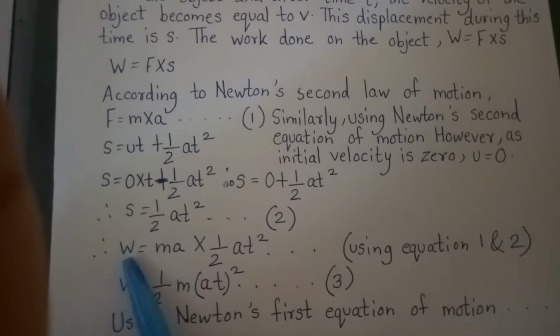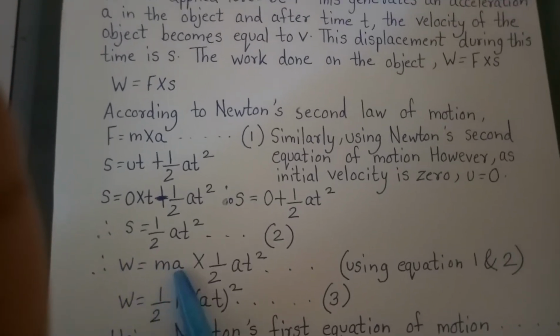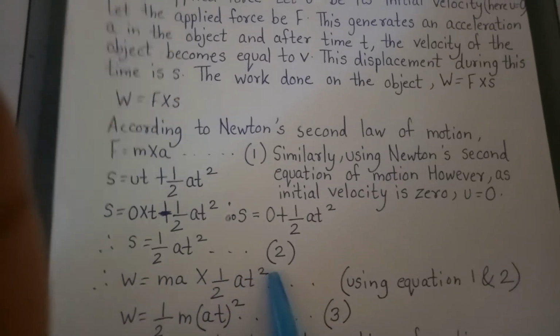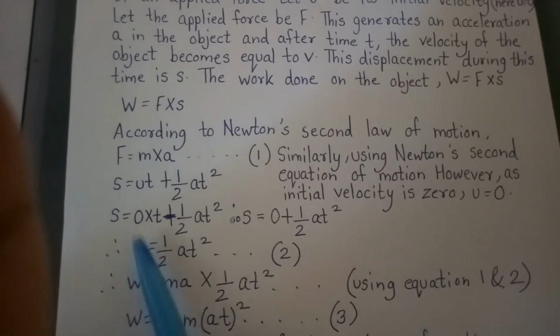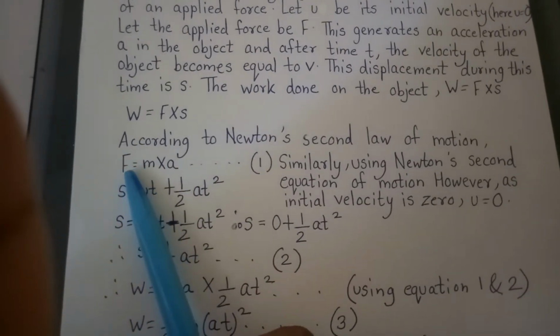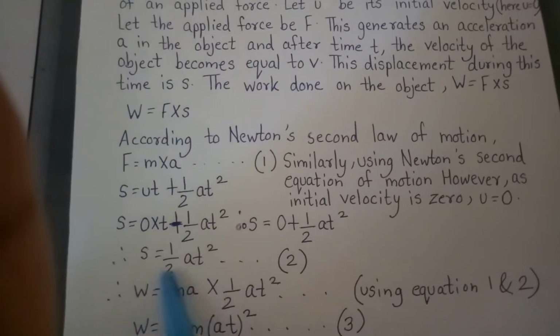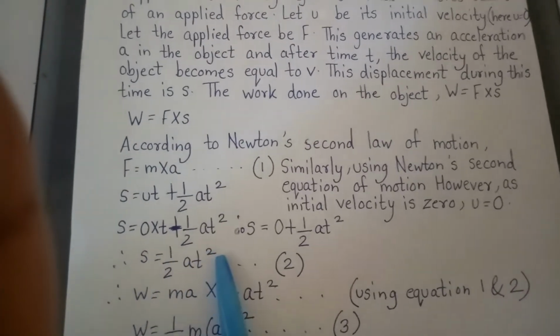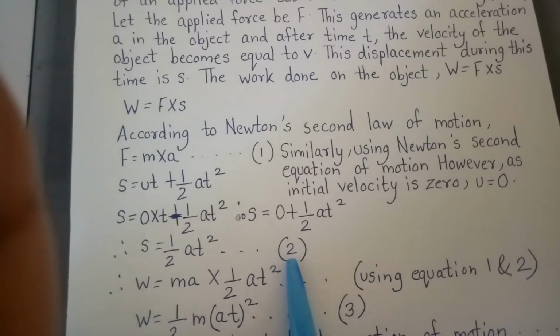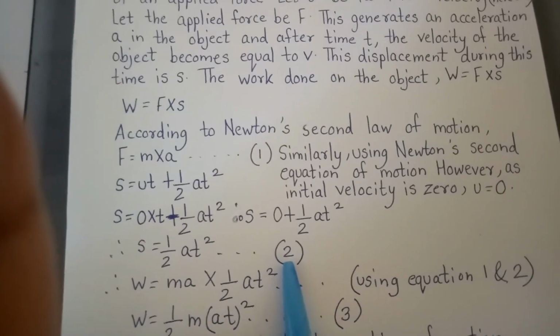Now work is equal to ma into half at square. Why ma? Because force itself is m into a, and s is equal to half at square, which we got from the second equation.